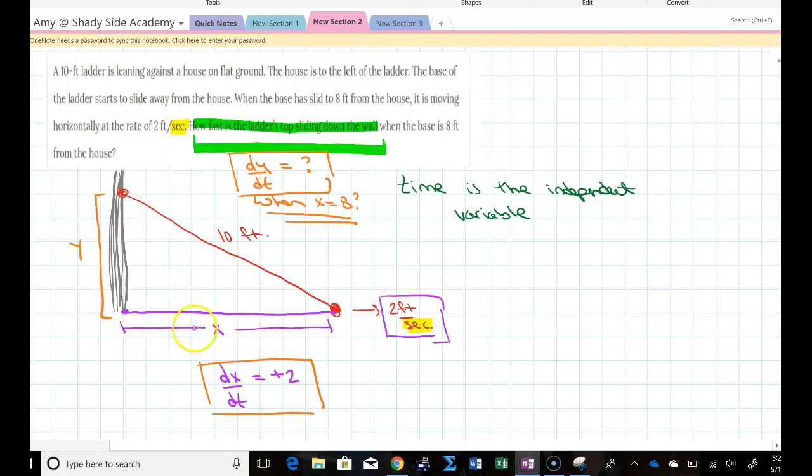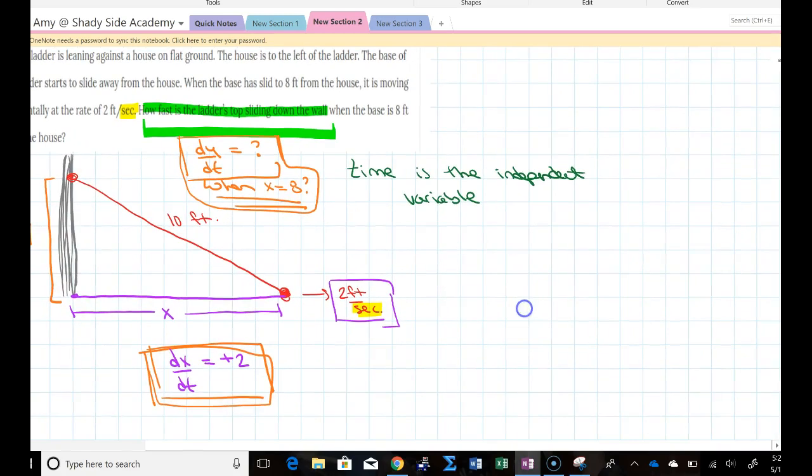Incorporate variables that can somehow describe those things that are changing over time. Notice the ladder's length is not changing as a function of time. This is changing and this distance is changing. Identify the known rate and the unknown rate that you're asked to find.